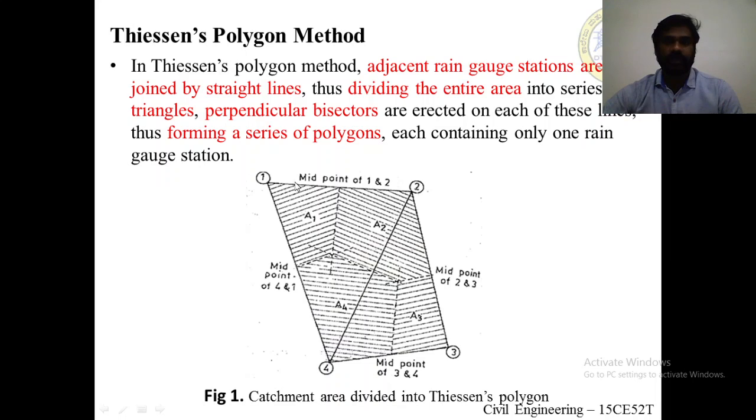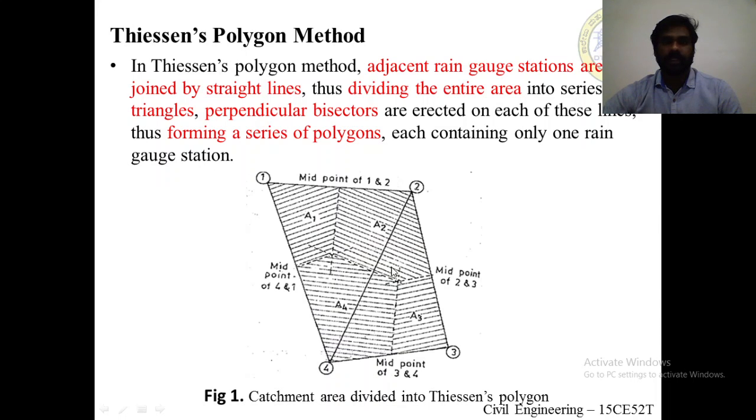Then we have to draw perpendicular bisectors on each of these lines. We have to draw a perpendicular bisector on every line joining two rain gauge stations, like this.